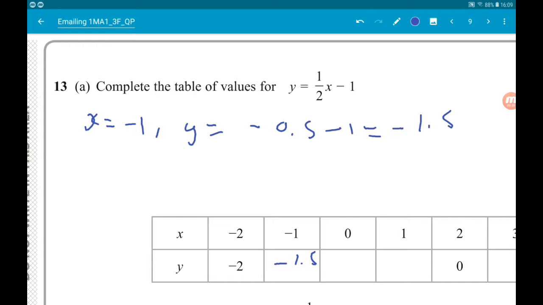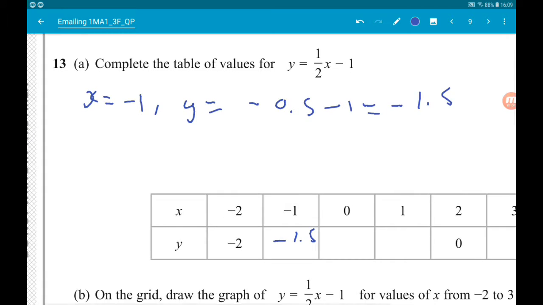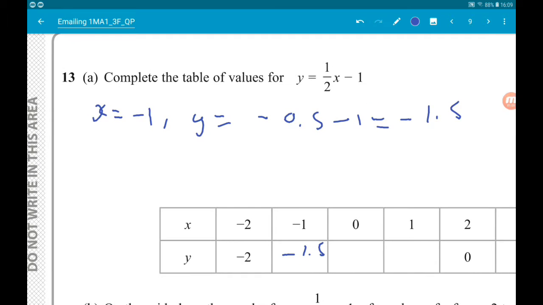Okay, then when x is 0, we get y is 1/2 times 0, which is 0, minus 1, which is minus 1.